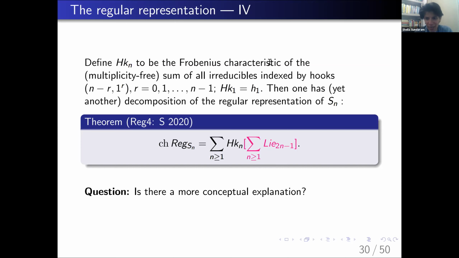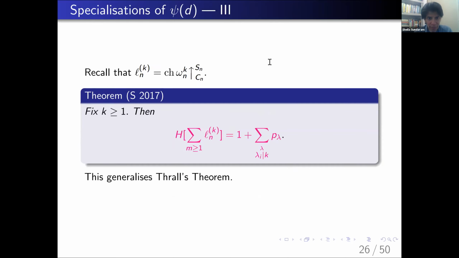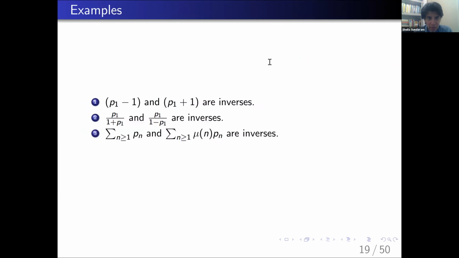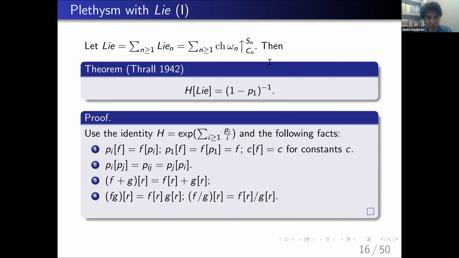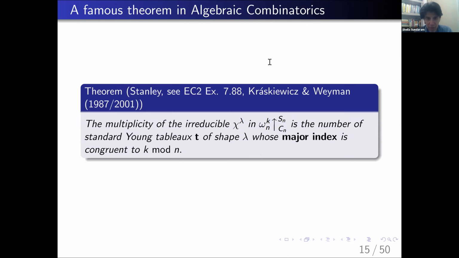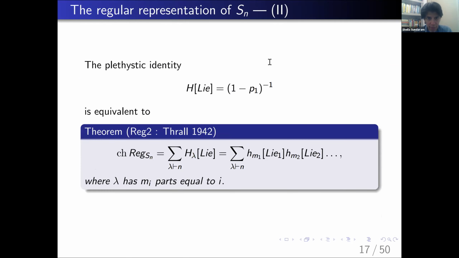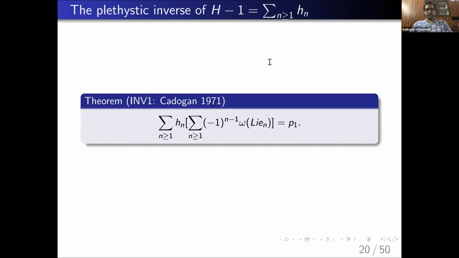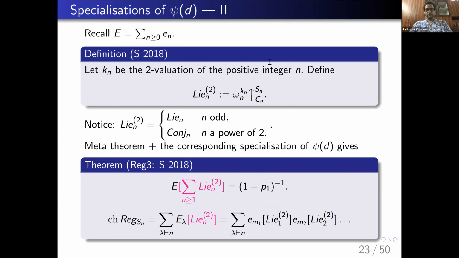I was trying to explain that. Let me go back. Yes, I did try to explain that. What I wanted to do was, we know we have the Plethystic inverse for the sum of the H's, right? So I thought, what's the inverse for the E's?